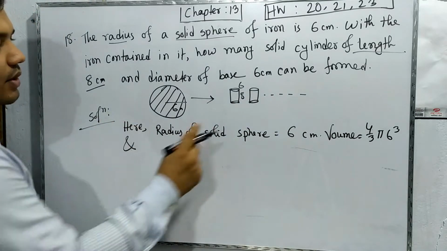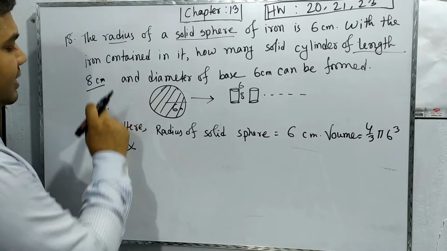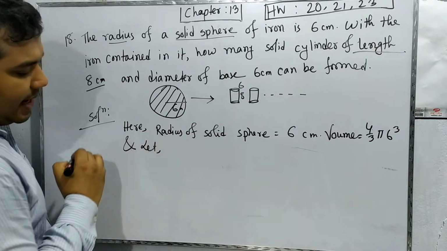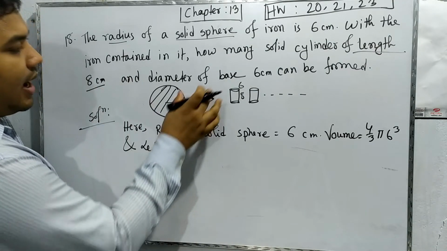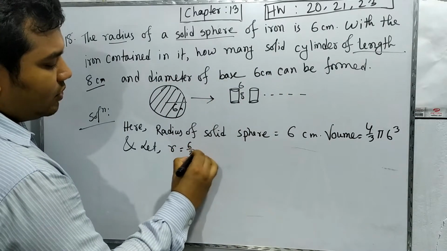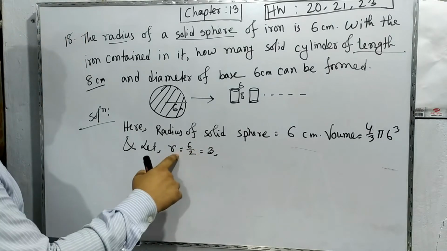And here the length is given. Let r be the radius, so 6 divided by 2, the radius is 3.